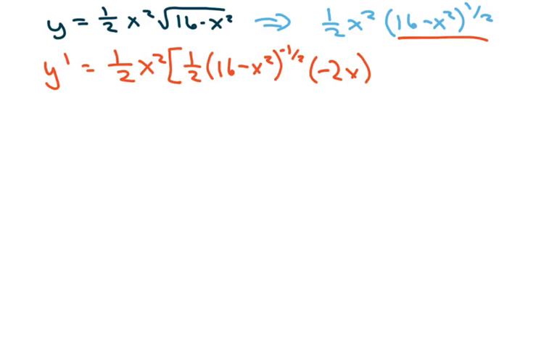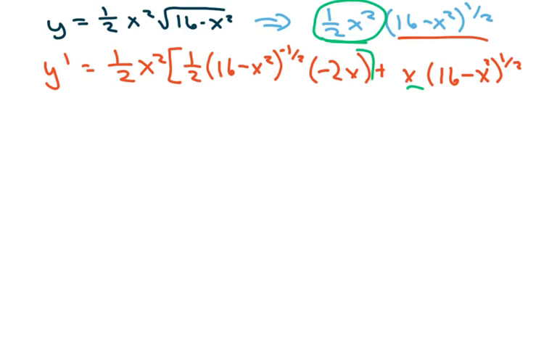All right? And then we have plus your x times 16 minus x squared to the 1/2. So I took the derivative of this, and derivative of this is just going to be x.